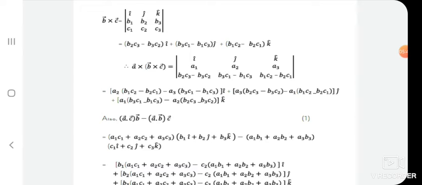If we substitute that and solve the determinant, it gives [a2 (b1 c2 minus b2 c1) minus a3 (b3 c1 minus b1 c3)] i cap plus [a3 (b2 c3 minus b3 c2) minus a1 (b1 c2 minus b2 c1)] j cap plus [a1 (b3 c1 minus b1 c3) minus a2 (b2 c3 minus b3 c2)] k cap.